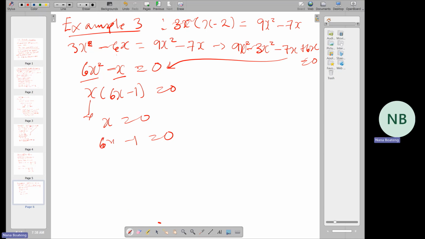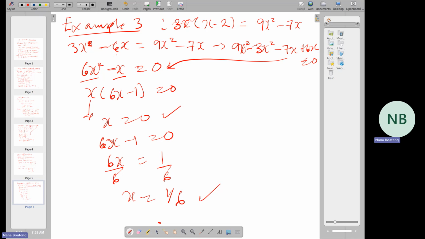So if we add 1 on both sides, we have 6x is equal to 1, and we divide both sides by 6. So x is equal to 1 divided by 6. These two are our solutions: x is equal to 0 and x is equal to 1/6.